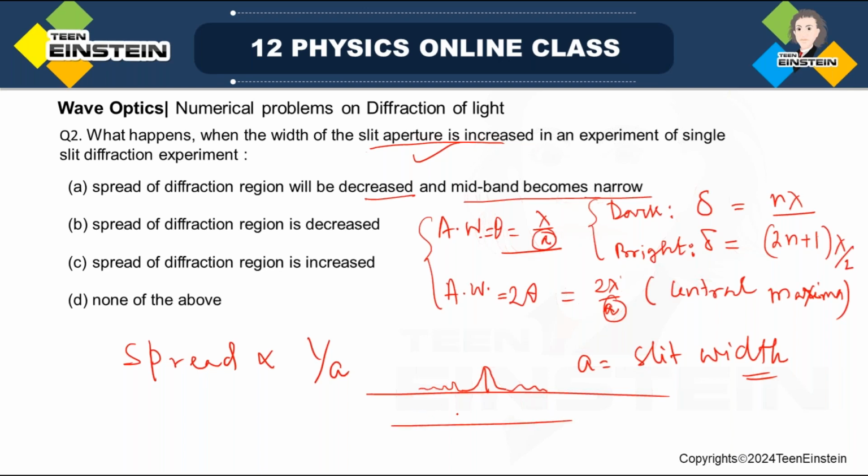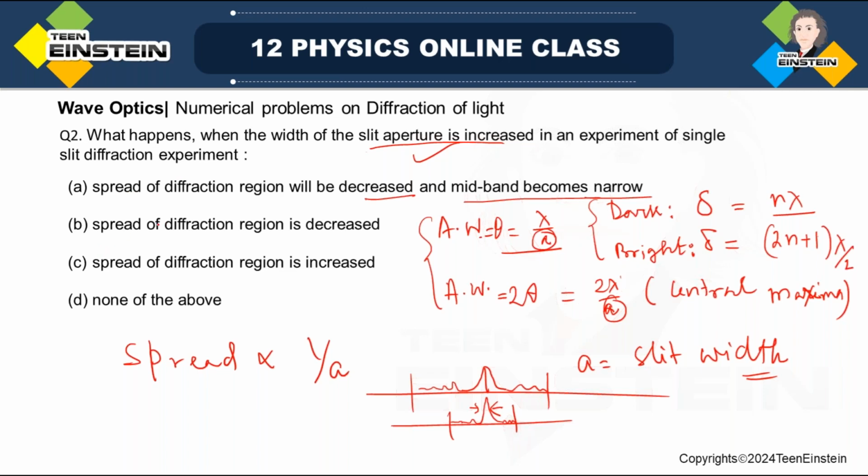Now if the spread of the whole diffraction pattern is less, then obviously this will be narrower like this, right? Narrower here, like this, isn't it? So it is becoming narrower, that is obvious. So this option might be correct.